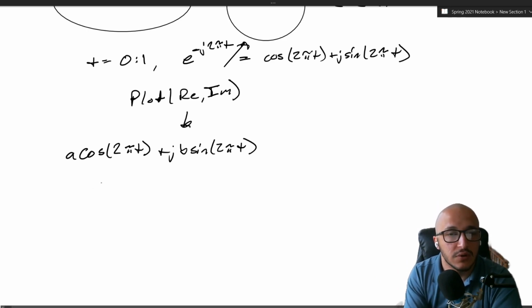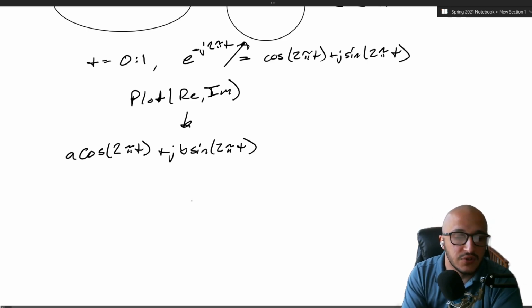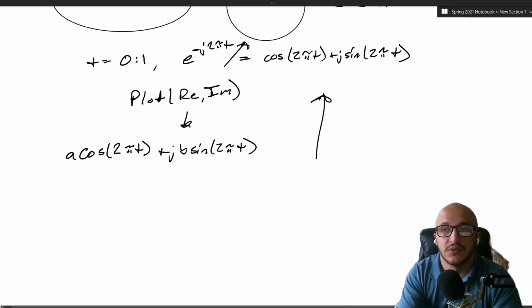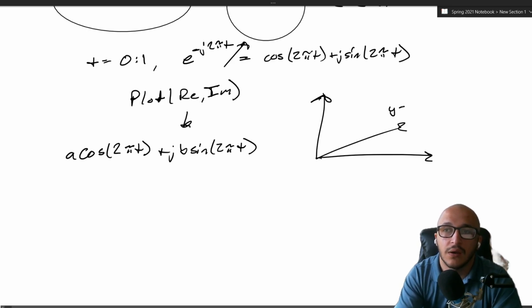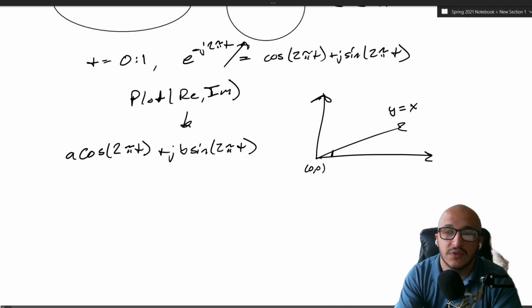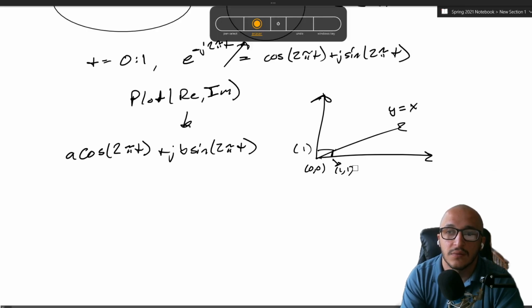If we zoom up on a circle, let's say that we have any function. Let's say for this case, we have y equals x. If we take 2 points here, let's say that this is 0, 0, and this is 1, 1.